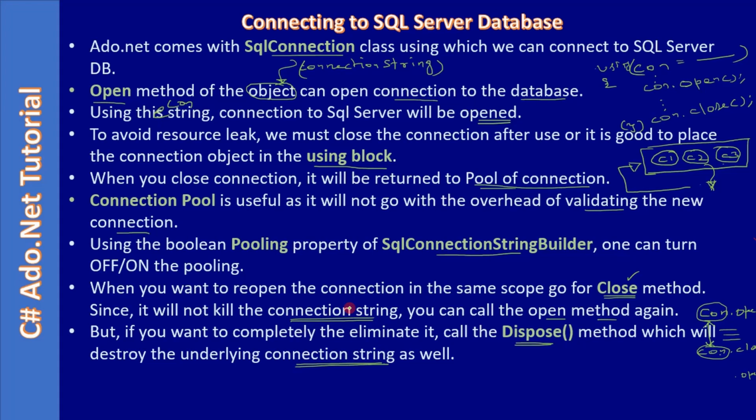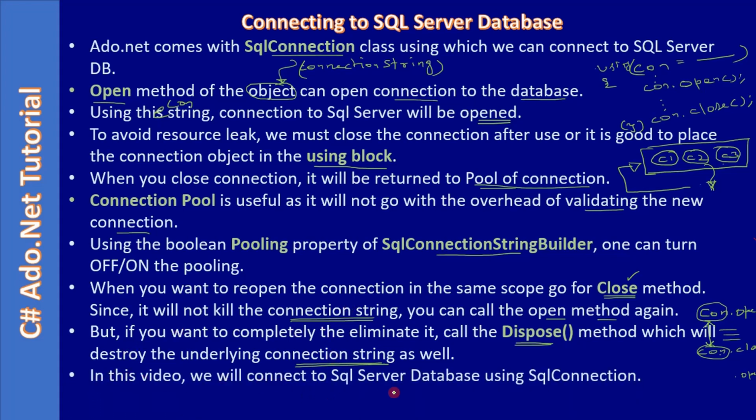That's why you can reopen it anytime, provided that the connection object is available. Here we are talking about SqlConnection. But once you make a call to dispose, you cannot open the connection, because it destroys the SqlConnection object as well as the underlying connection string.